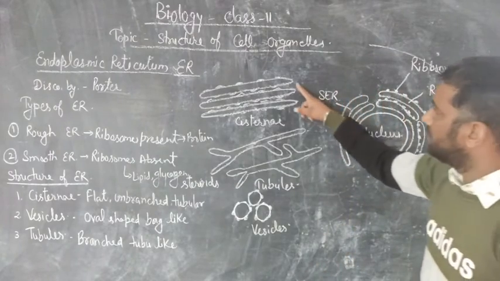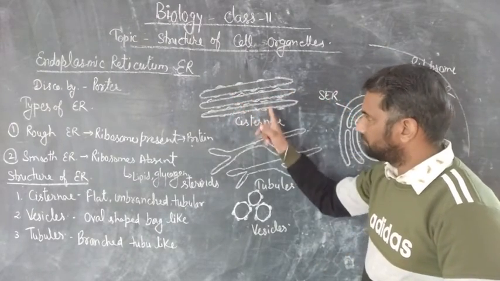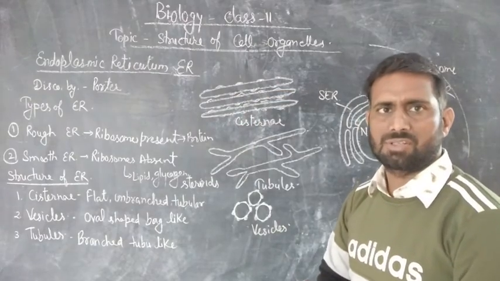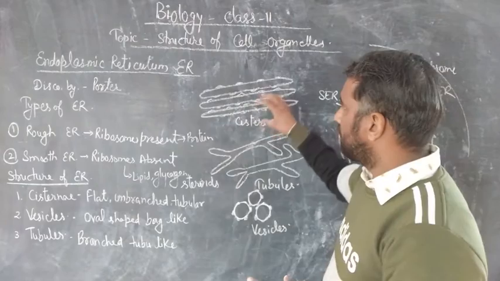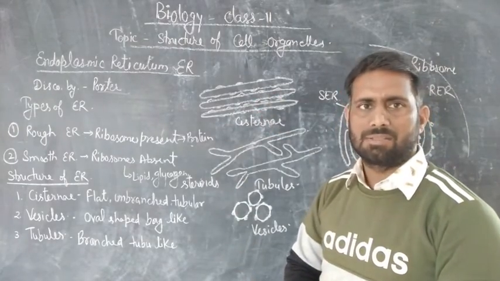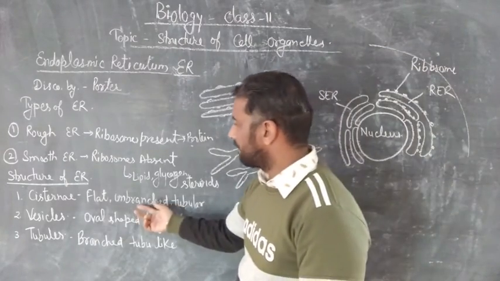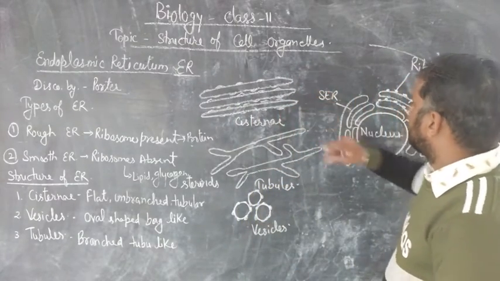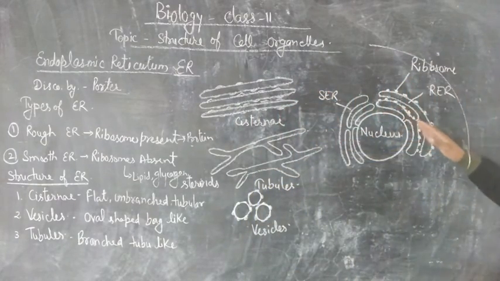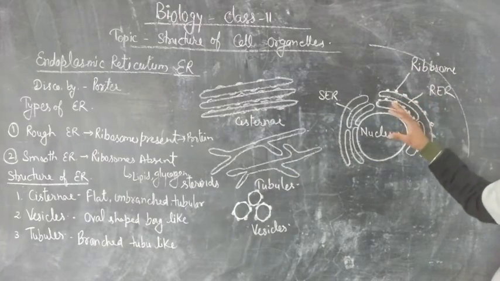This is a cisternae. It is the main component of ER, which is situated parallel to each other.